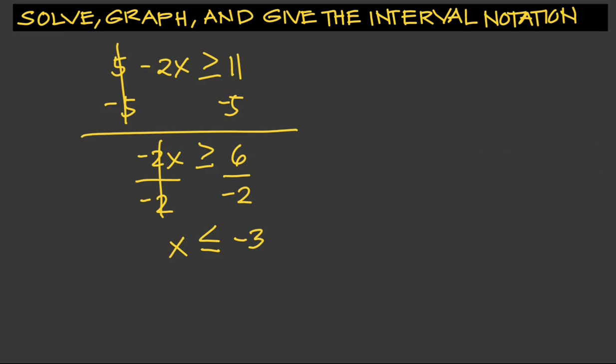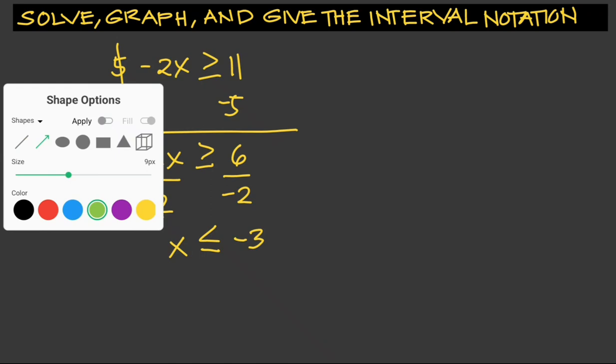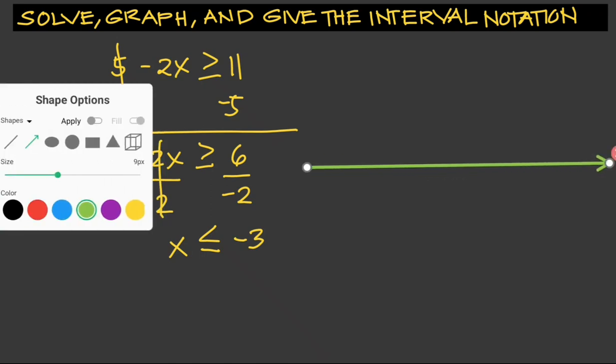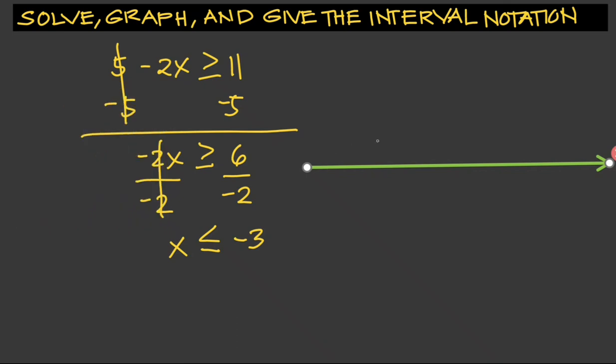Okay, let's say this is our number line here. So that is x less than or equal to -3. So it has an equal sign.